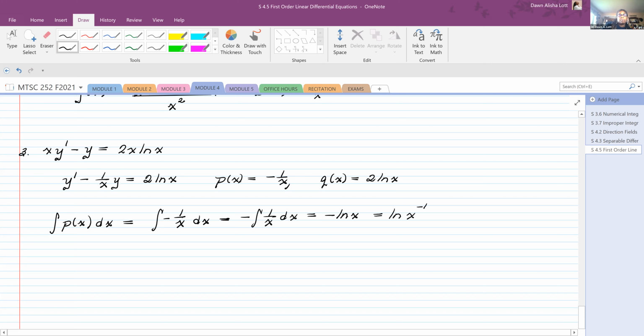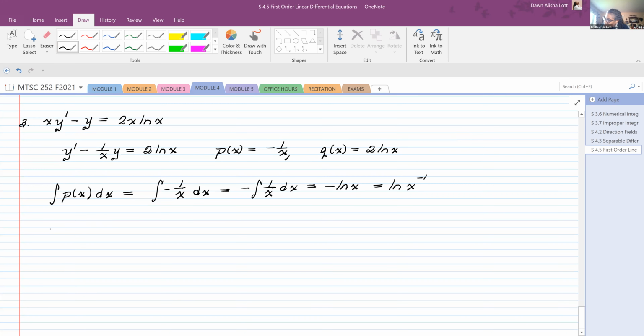Okay. So now nu of x is e to the integral of what I got. So that's e to the natural log of x to the negative 1. So that's just x to the negative 1. So that is 1 over x. Okay, so we found nu.